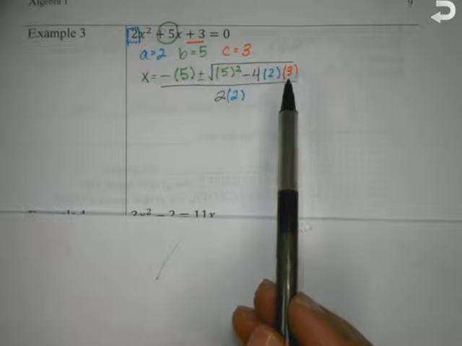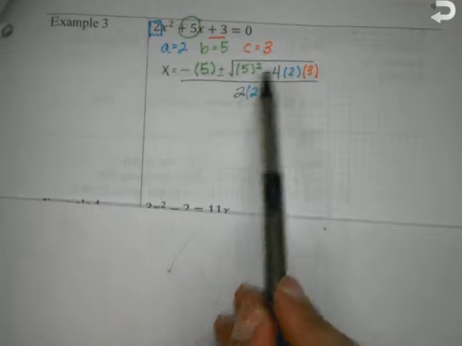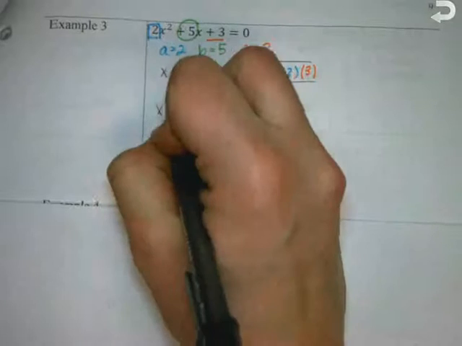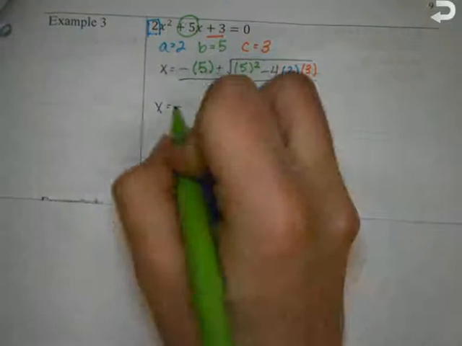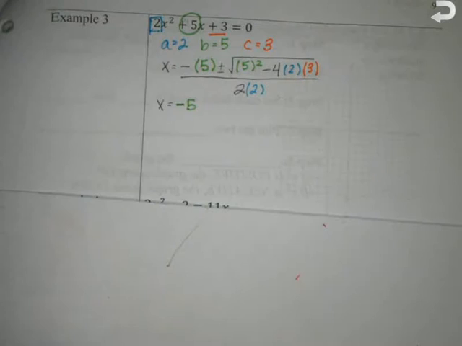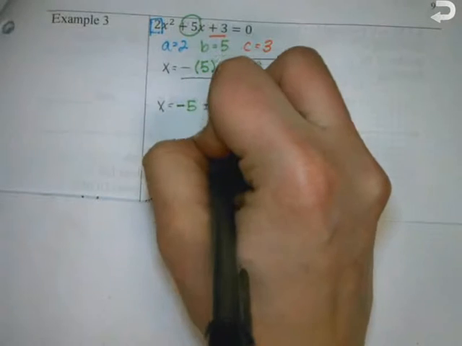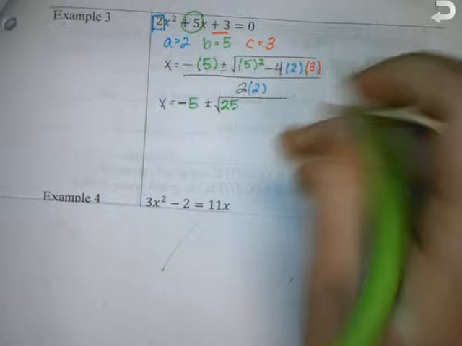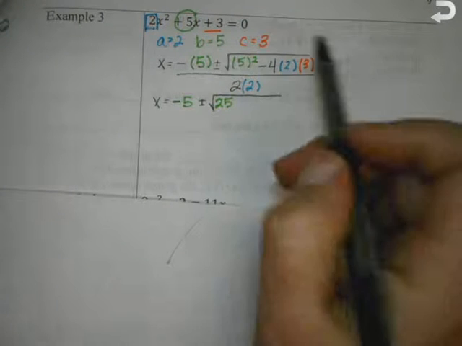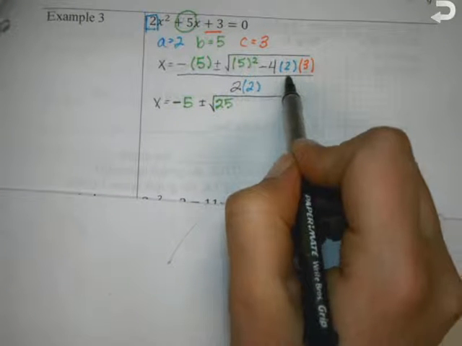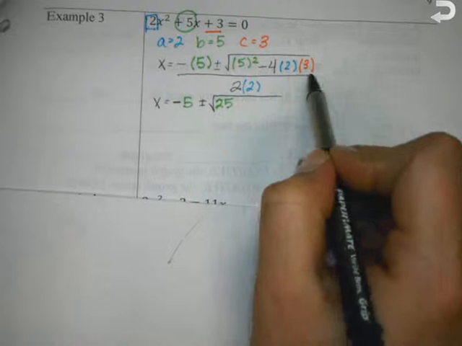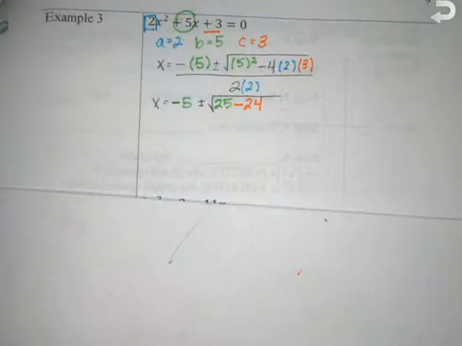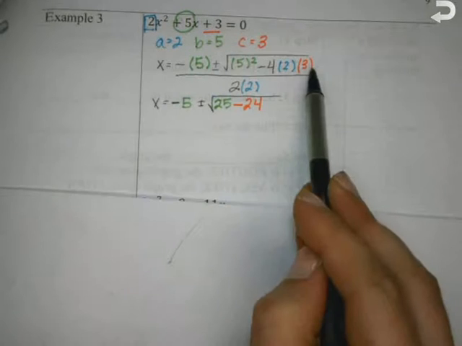Got it? Okay, so x equals negative 5, right? Plus or minus square root, 5 squared is 25. Okay, negative 4 times 2 gives me negative 8 times 3 gives me negative 24. So all three of these are being multiplied, and that negative is attached to the 4. All over 2 times 2 is 4.